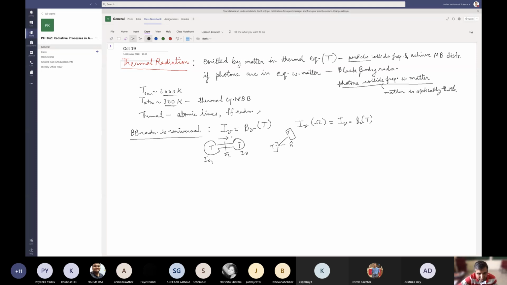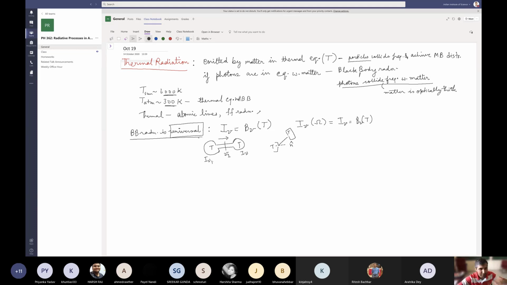That's why the black body universal spectrum depends only on temperature, not on direction, not on the material properties of the body. It has the same energy of photons coming out at a frequency nu. So that's why it's very important. The black body assumption simplifies our life a lot. We don't have to bother about microscopic details.